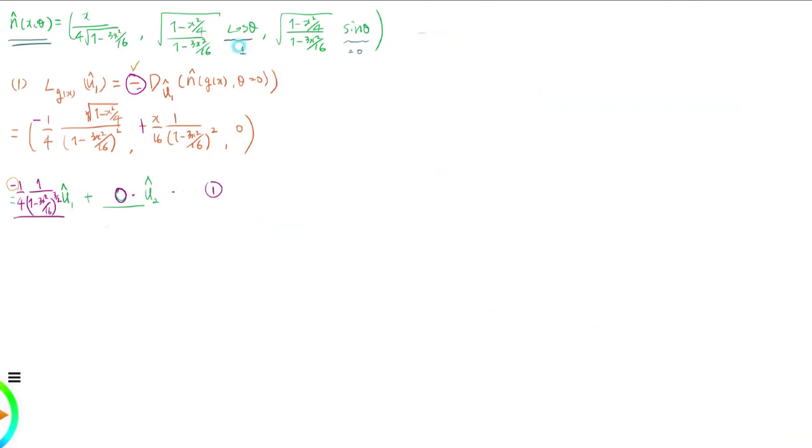Okay, let's do the same thing for the case of the u2 vector. For the case of the u2 vector, we do need a change of this theta, and the u2 vector on the point of generating curve g of x was 0, 0, 1.